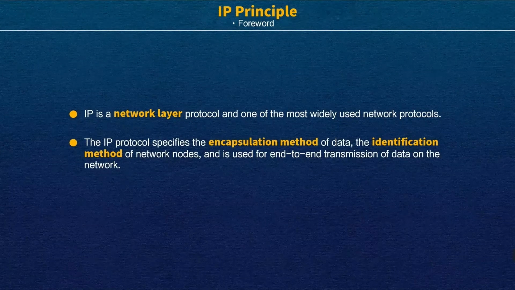And the second one, the IP protocol specifies the encapsulation methods of the data, and also the identification method of the network nodes. It's used to transfer the packets end to end.